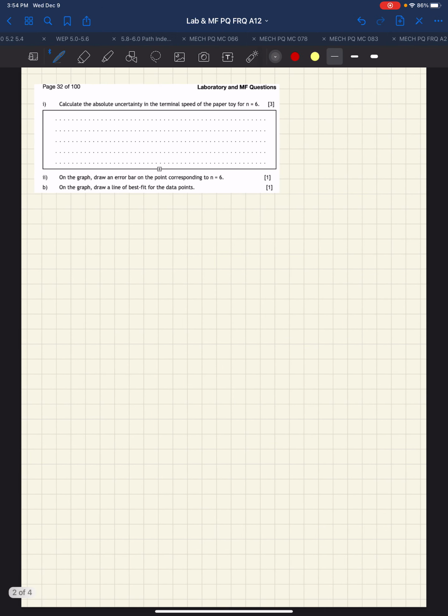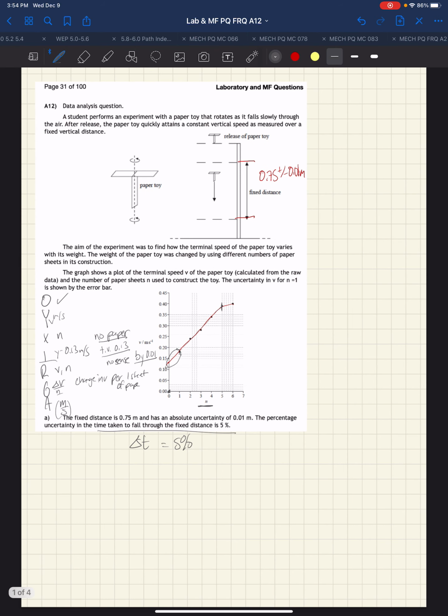So we wanted to calculate the absolute uncertainty in the terminal speed of the paper for n equals 6. So we go back to the graph, and n equals 6. We've got a terminal velocity of 0.40 for n equals 6. And we want to know the absolute uncertainty in that velocity.